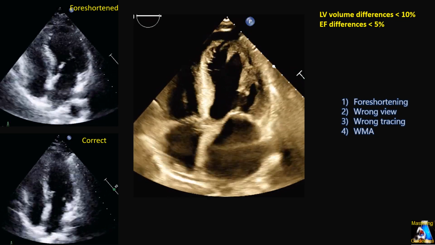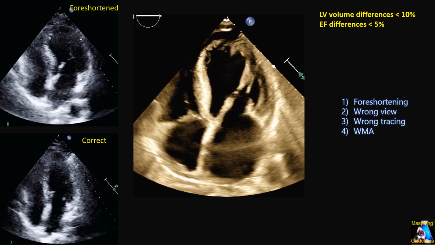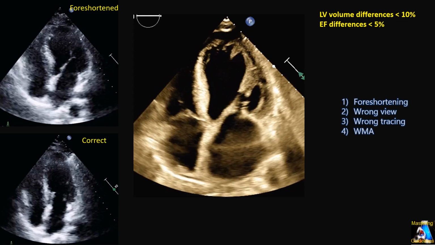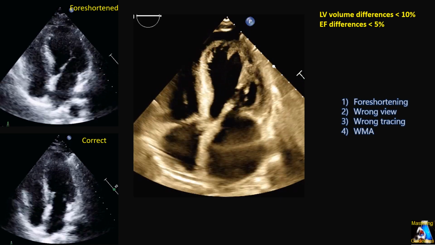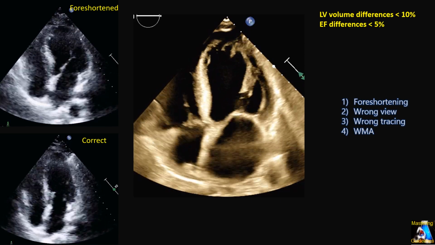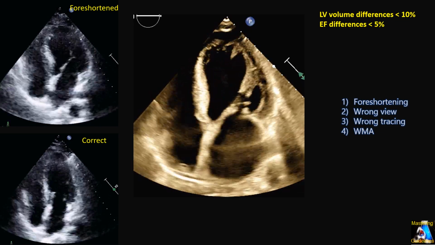For example, if in apical 4 we got 58% ejection fraction and in apical 2 we got 56, it is still less than 5%, so it is acceptable. Otherwise, it is not.